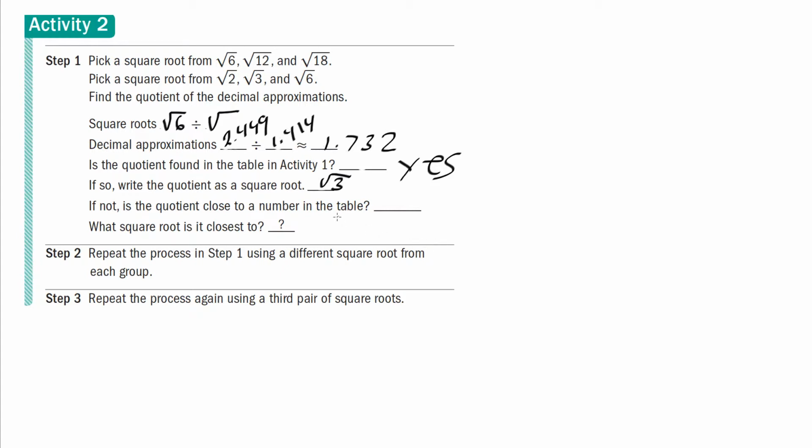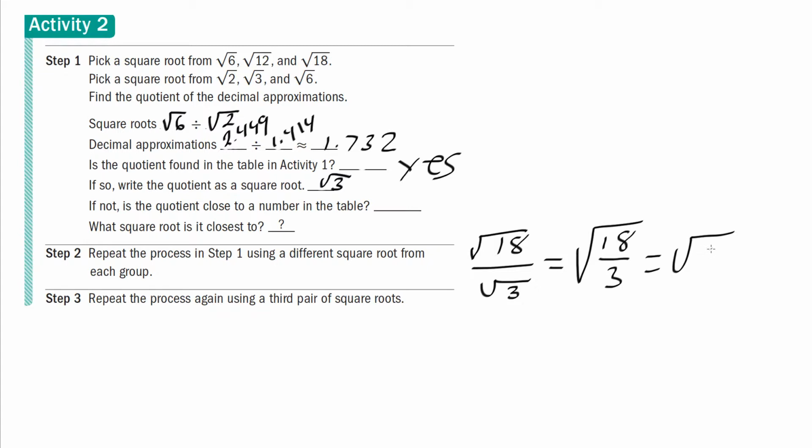So let's try the square root of 18 divided by the square root of 3. Just see what we get. That should tell us this is equal to the square root of 18 over 3, which equals the square root of 6. But let's see how the decimal equivalents work out.